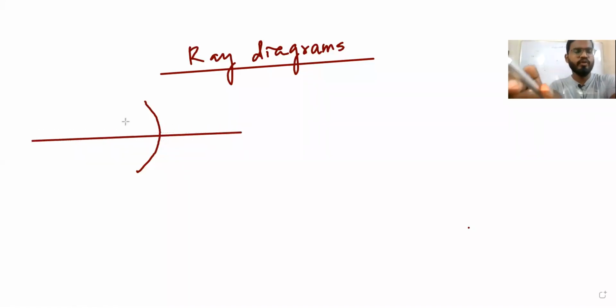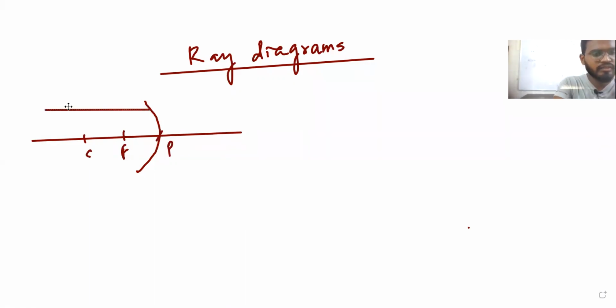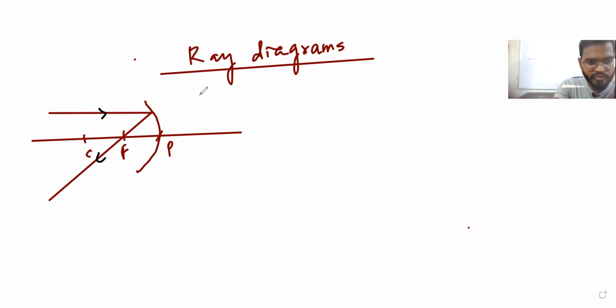If a ray of light is parallel to the principal axis, then what will happen? It will pass through the focus. If a ray of light is parallel to the principal axis, it will pass through the focus.